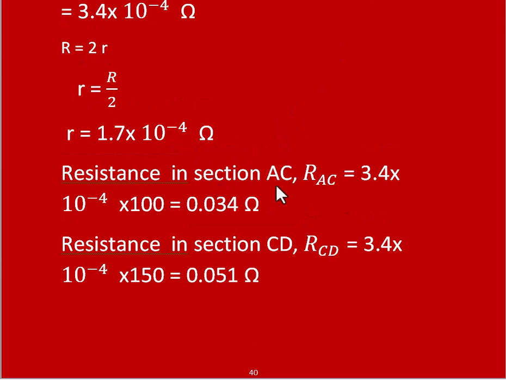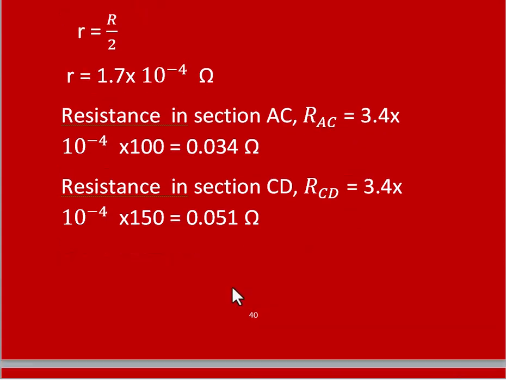So for 100 meters means multiply that with the 100 meters. So then we get 0.034 ohm. Similarly, resistance in section CD is nothing but the resistance per meter into 150 meters, which is the length of the section CD. So that gives us 0.051 ohms.